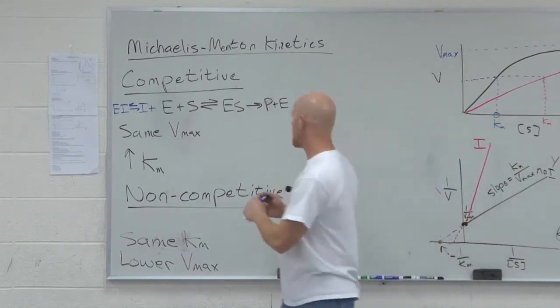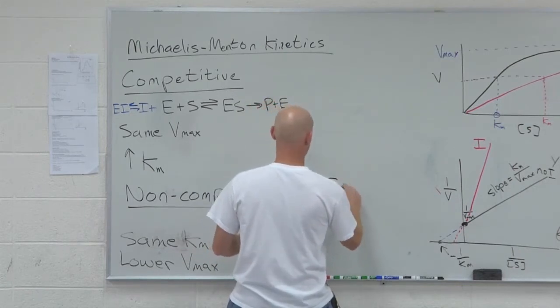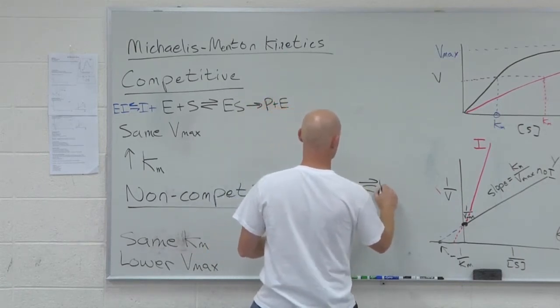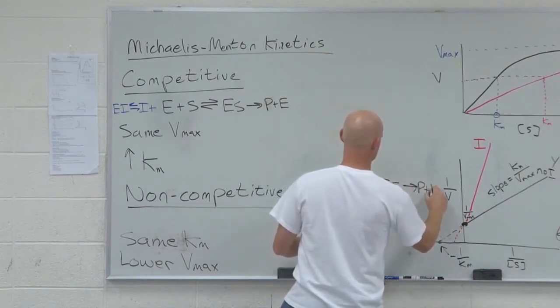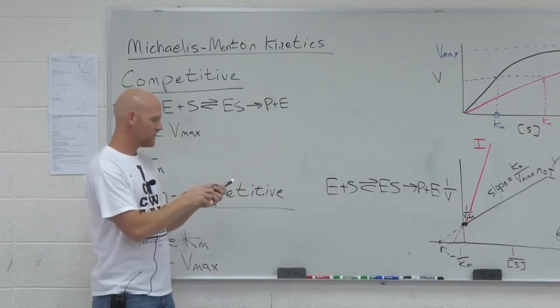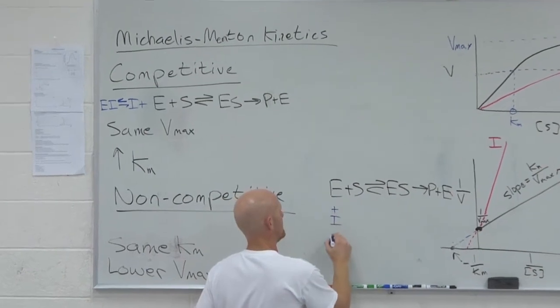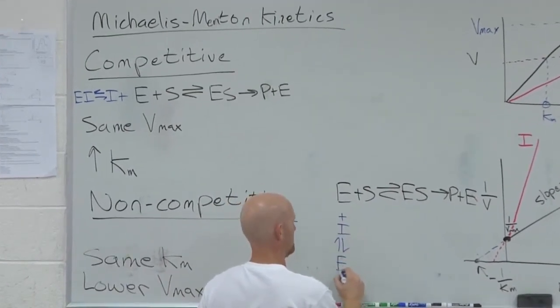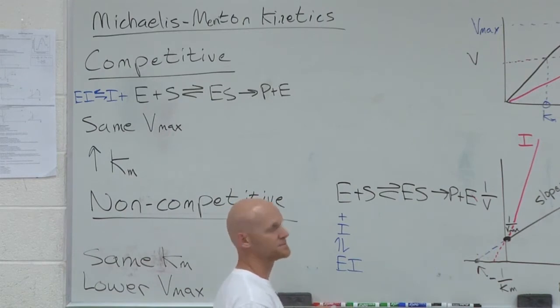All right, if we look at kind of how this works, a little more complex picture. Still have our standard Michaelis-Menten. From here, though, we could have enzyme interacting with inhibitor.